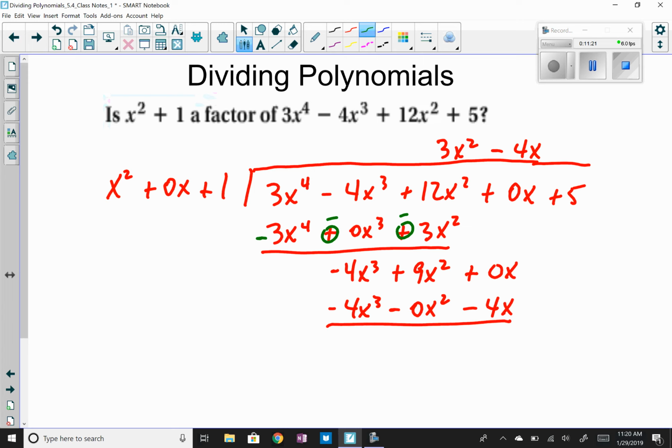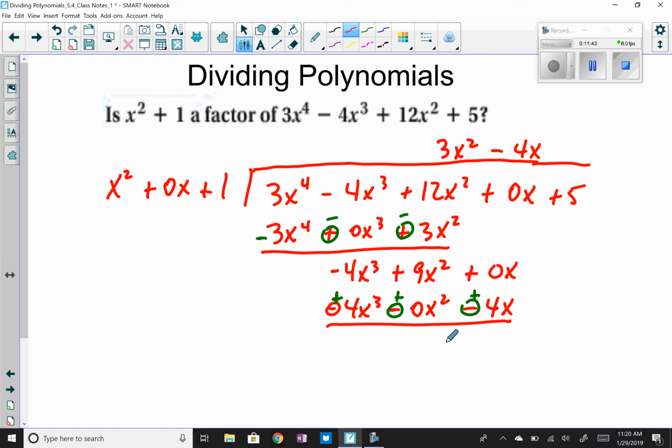Okay, change the signs. So positive, my colors aren't working today. Positive, positive, and positive. All right, so now negative 4x cubes eliminate one another. 9x squared plus 0x squared is 9x squared.